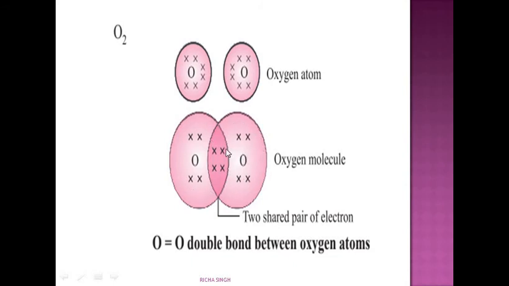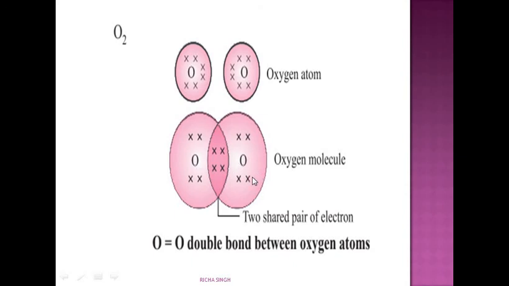Now, this oxygen atom will have 4 of these shared electrons and 4 of its own. It will complete its octet of 8 electrons here. And for this oxygen atom also, it has 4 of its own and 4 it is sharing. So again, they both are sharing.